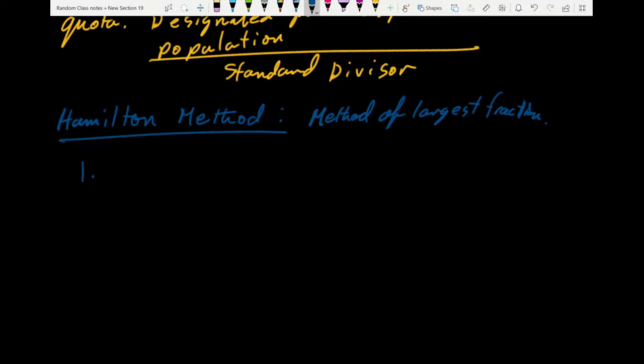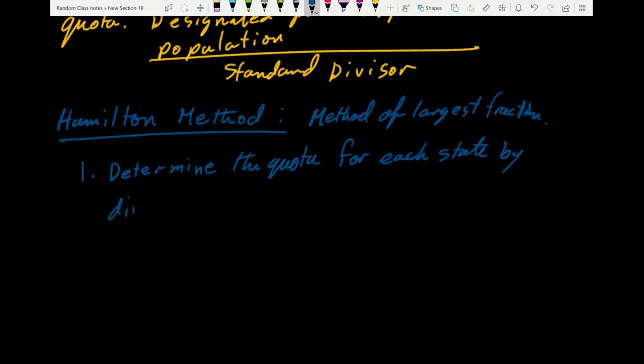Determine the quota for each state by dividing the state's population by the standard divisor.